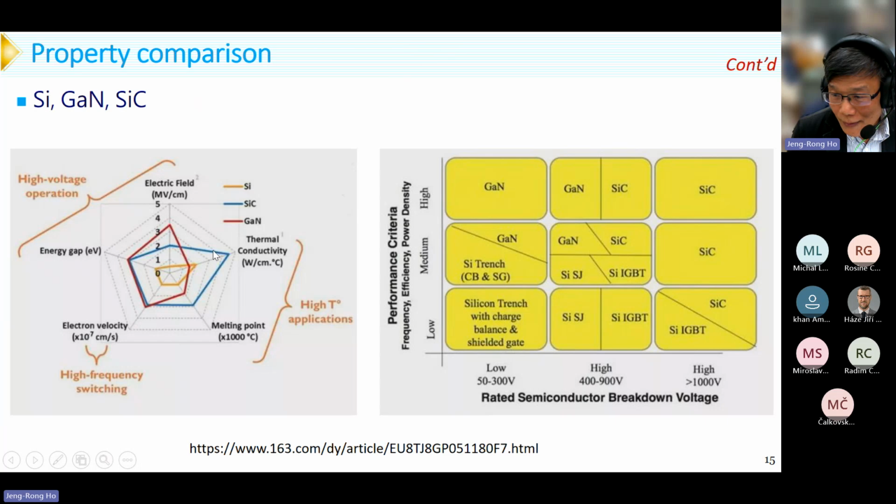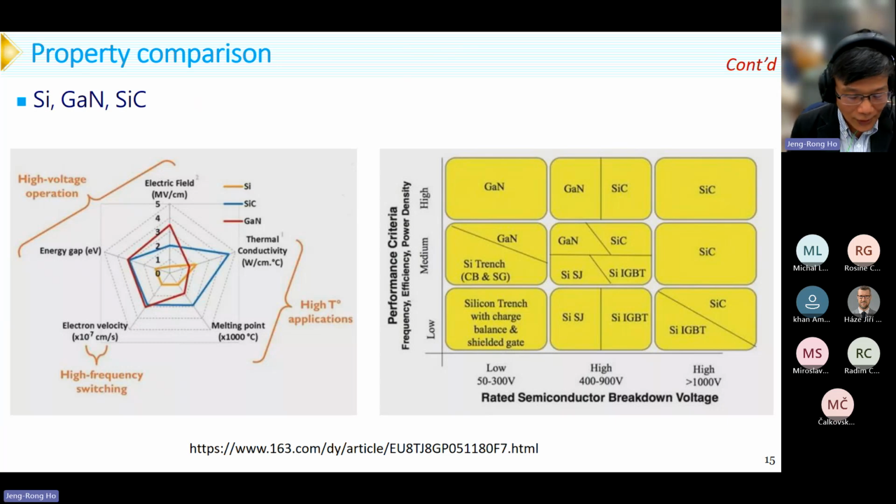And the blue one is silicon carbide. We can see for high temperature applications, silicon carbide has a very high melting point and also very high thermal conductivity. And for high voltage applications, gallium nitride and silicon, and for high frequency switching, these two, silicon carbide and gallium nitride, their performance is close.